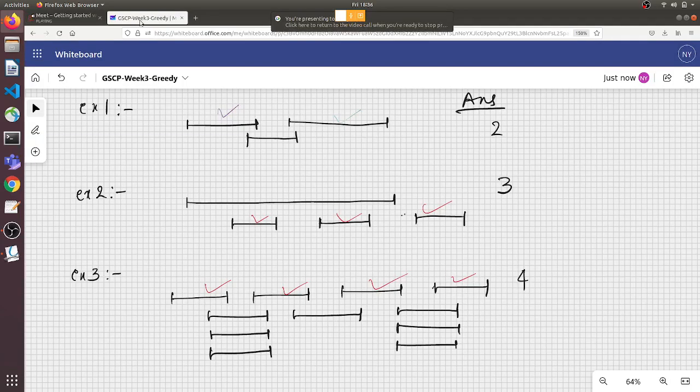Many of you suggested that we sort according to the arrival time or the departure time and then do something. And some of you also suggested taking the interval which is the smallest first, and then the next smallest. I think that was the approach suggested.